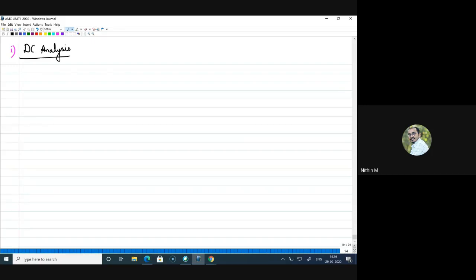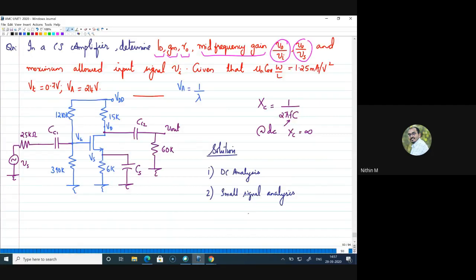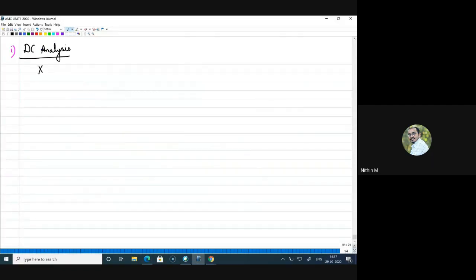At any point, if you have doubts, please put in the chat box or even you can ask. So when I say DC analysis, I will consider only the components which respond to DC, or we are mainly looking at the operating condition. Now look at the capacitors as I mentioned here. So capacitors Xc is very large at DC.